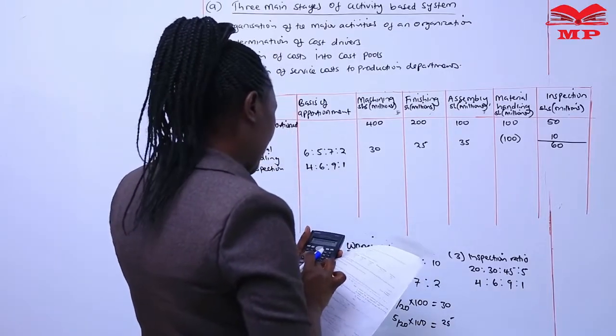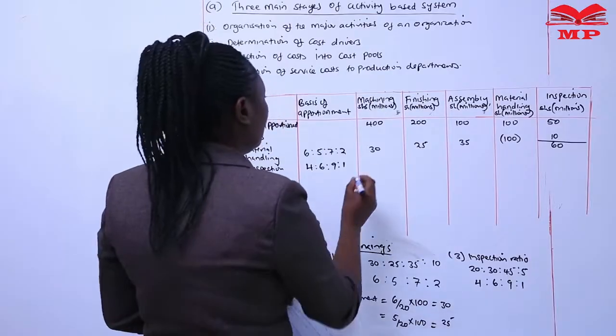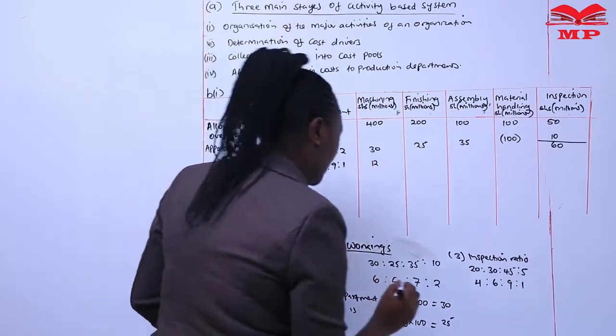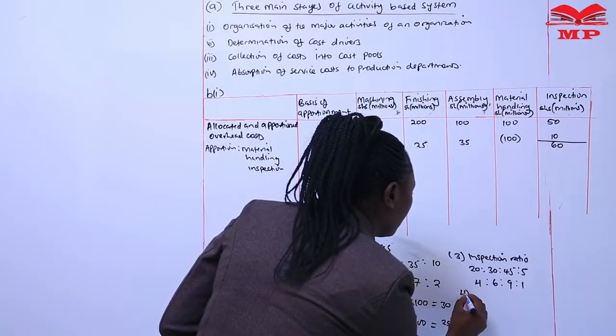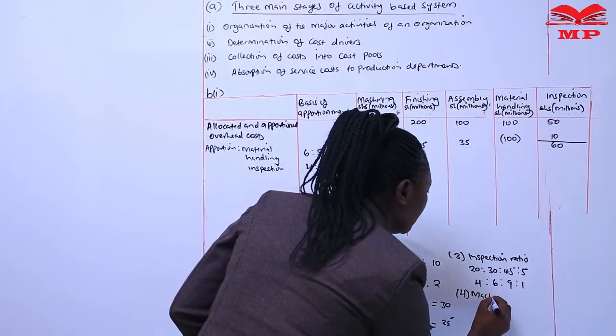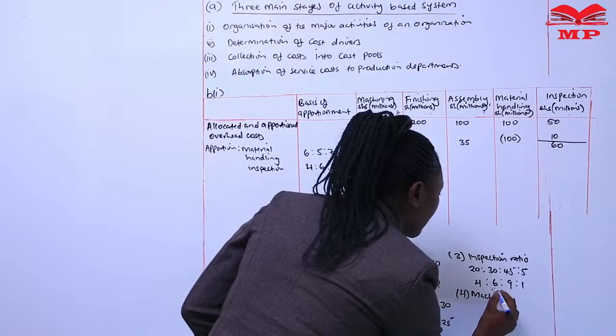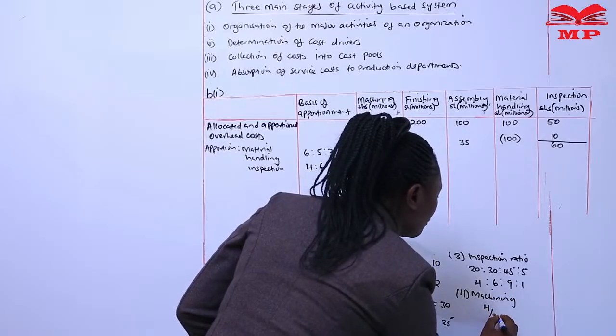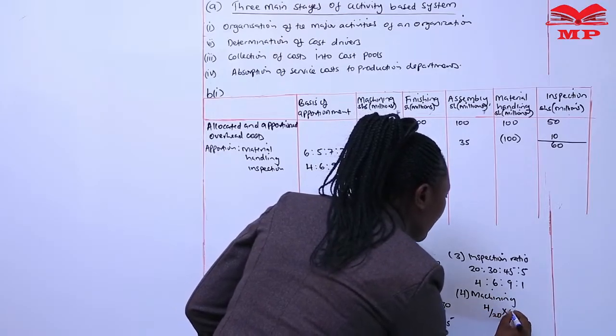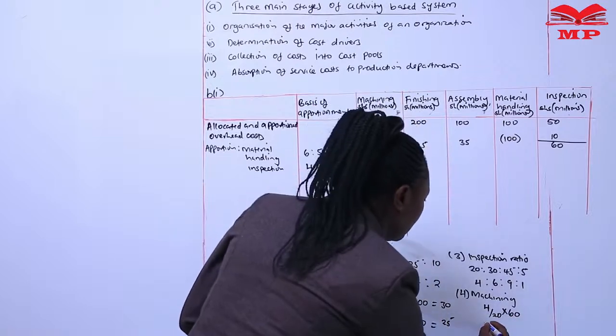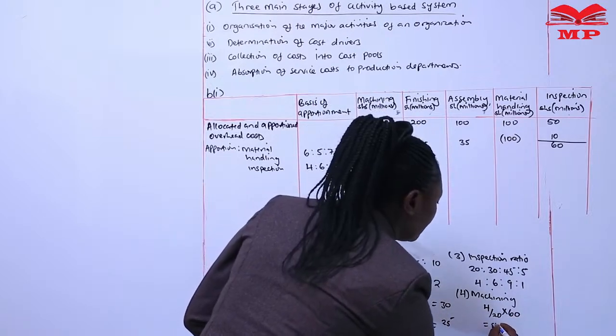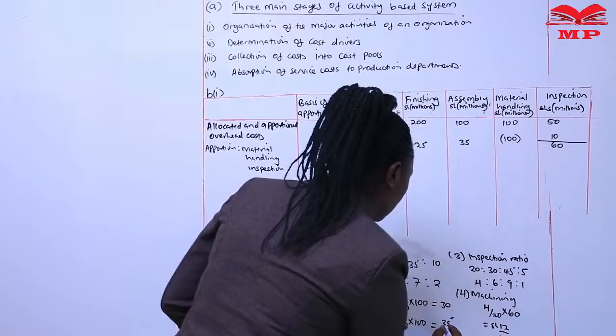We multiply by 60, which will give us 12. Can show that under working number 4, machining. We are simply taking 4 over 20 and multiplying by 60, which will give us 12 shillings.